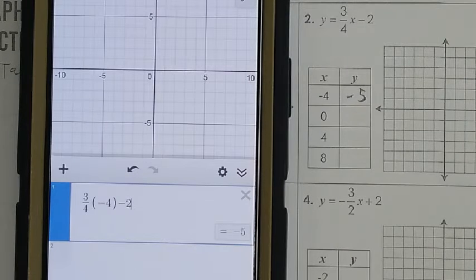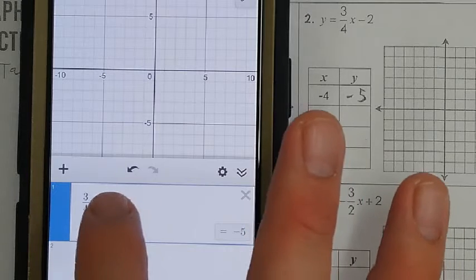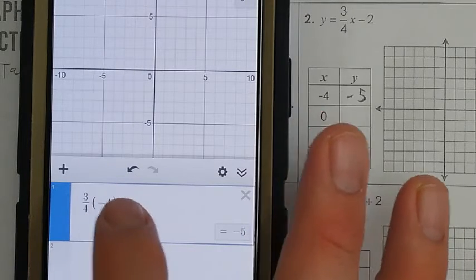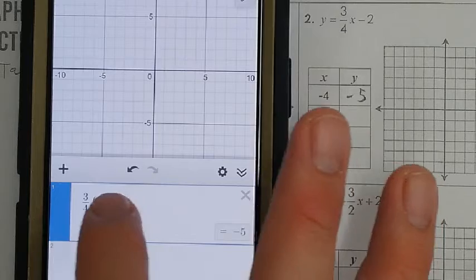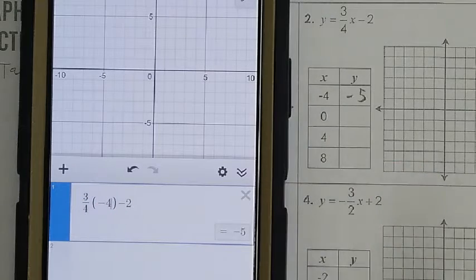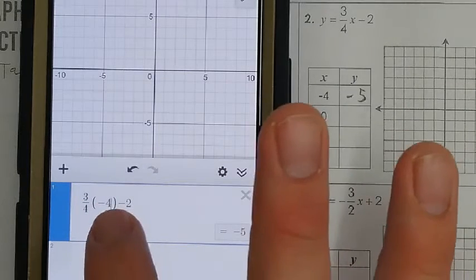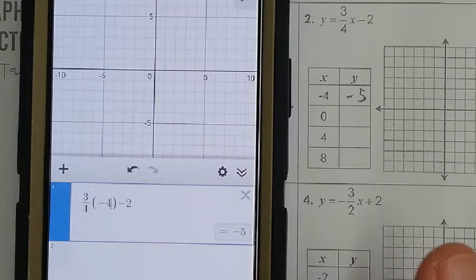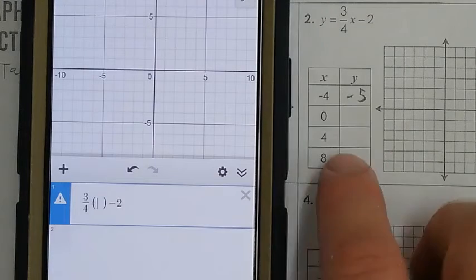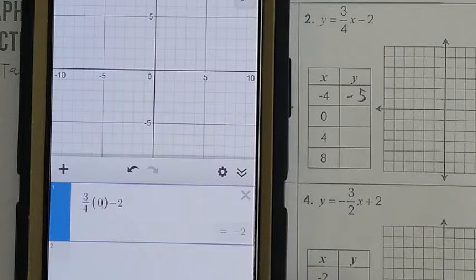This is what's cool about Desmos. So if you already have that typed in, you can just put your finger, or if you're using a Chromebook, just get the cursor over here and go to the number and just delete that. Leave the parentheses and now put in the next x value. So that one was 0 in.